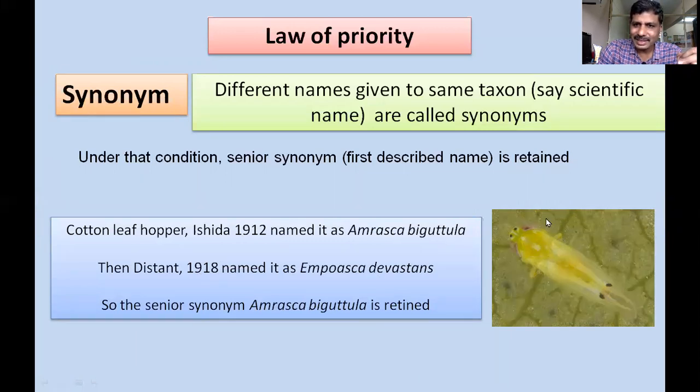But they are actually the same species, and they have got 2 different names now. What has to be done? The senior name should be made valid and the junior name made invalid. The senior name should be retained so that we can continue to use the scientific name Amrasca bigutulla instead of Empoasca devastans. That is the meaning of synonym.